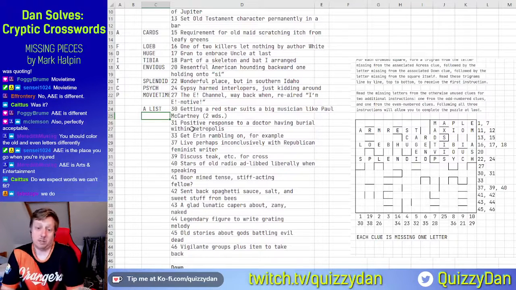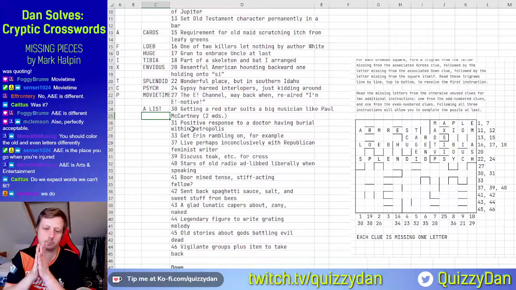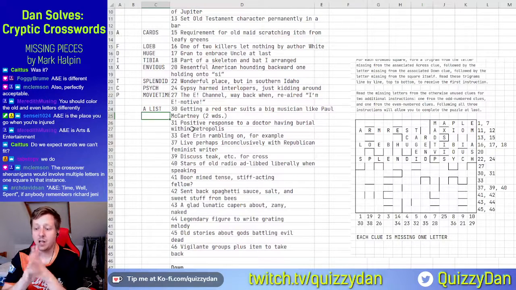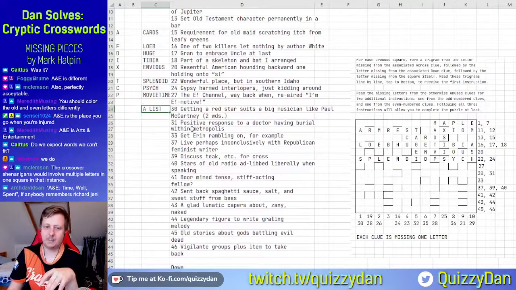Because a big musician like Paul McCartney, he'd be like a headliner. I mean, they may not fit, but I'm going to try and keep them to the length that they are. Could be a headliner. Getting a red star suits, it fits. Indeed. And we're just going to leave it as shenanigans. Not happy with A-list there.